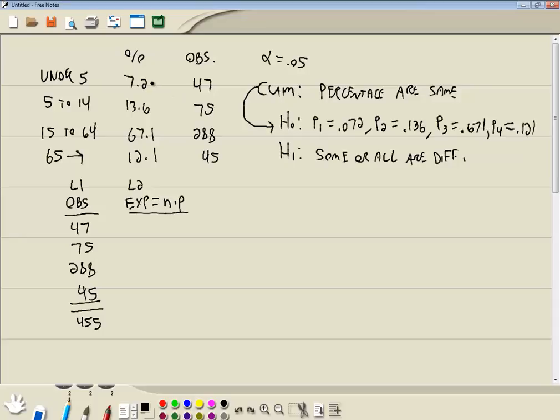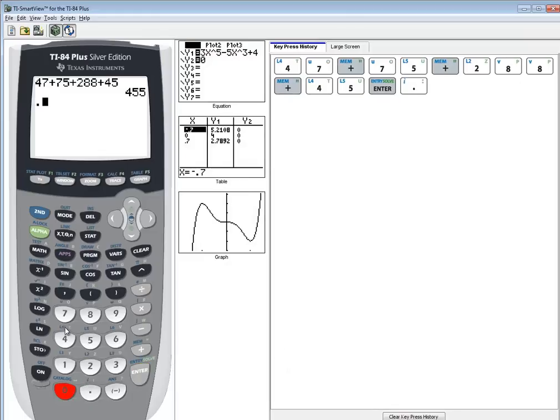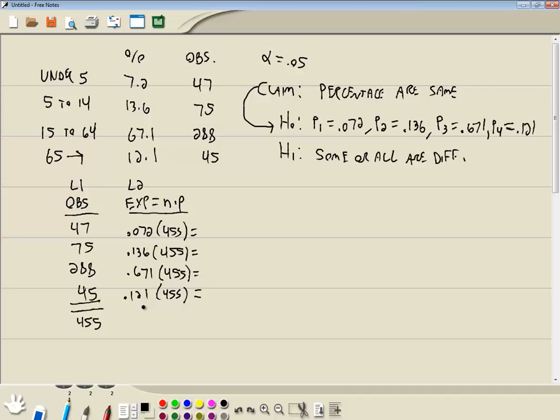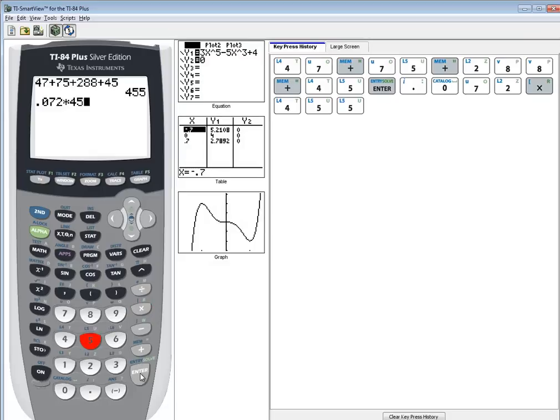So then our expected, we're going to take each one of these percentages and multiply times 455. So this will be 0.072 times 455. This one will be 0.136 times 455. This one will be 0.671 times 455. And this one will be 0.121 times 455. 0.072 times 455. You want to round like normal, so that'd be 33.